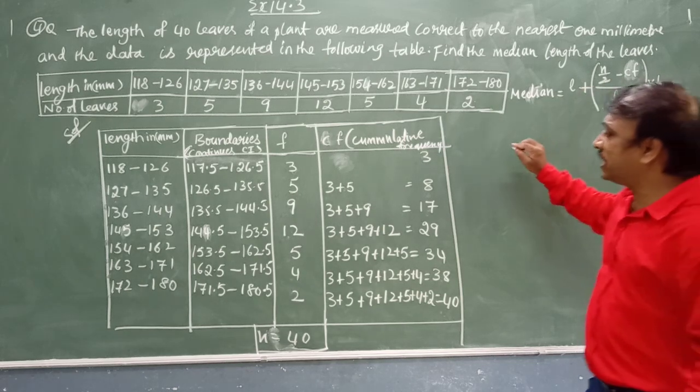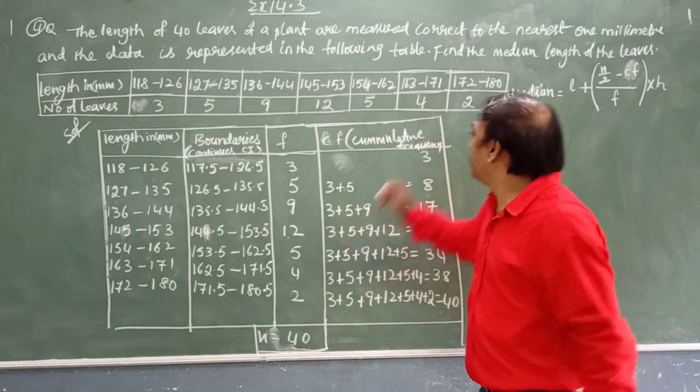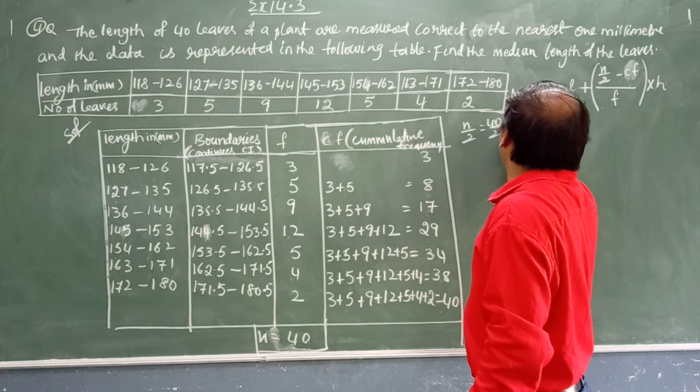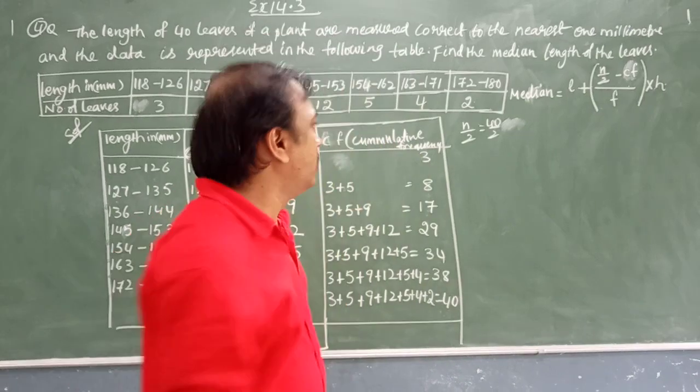In this, the important value is n by 2. N is nothing but the total frequency. So first you calculate n by 2, which is 40 by 2, equal to 20.